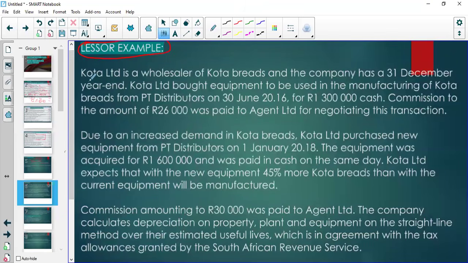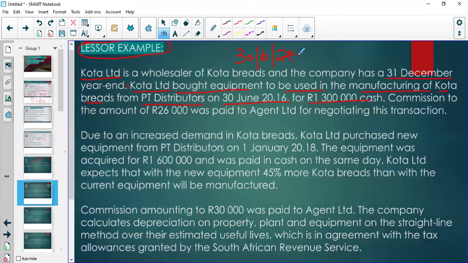So we have a company called Quota Limited, and their year end is 31 December. This entity bought equipment to be used in the manufacturing of quota breads on 30 June 2016 for 1,300 cash.